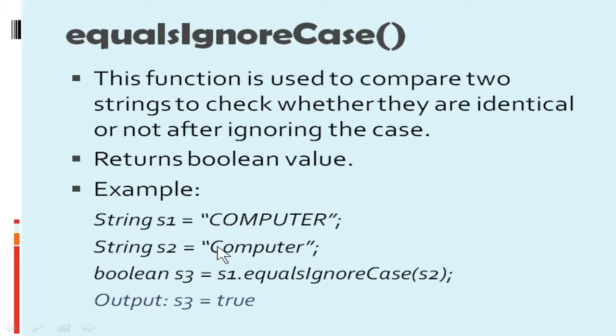The first one is uppercase, the second one is lowercase, but the word is the same. Since it is the same, it ignored the cases and returns the value true. So you can see s1 dot equals ignore case, then s2. Since both are the same, it returns true.